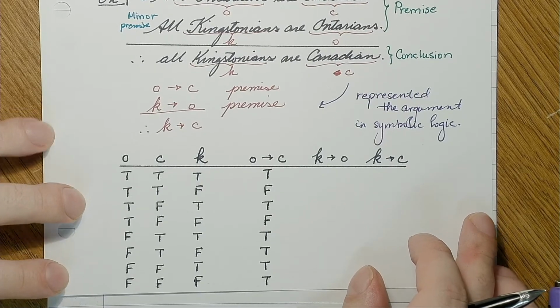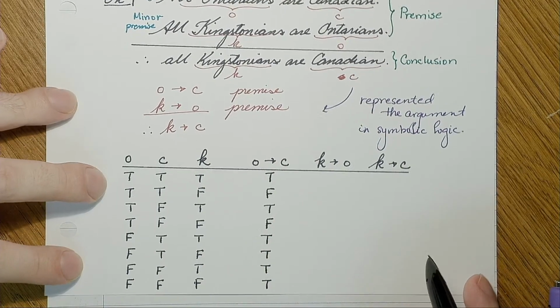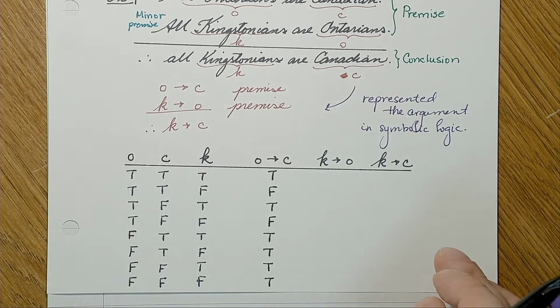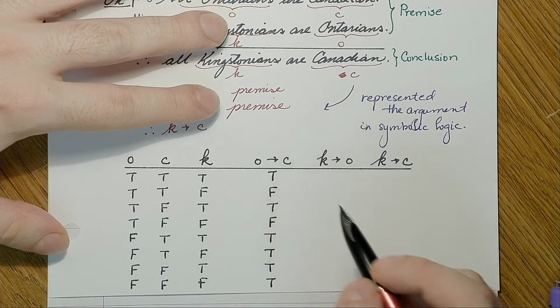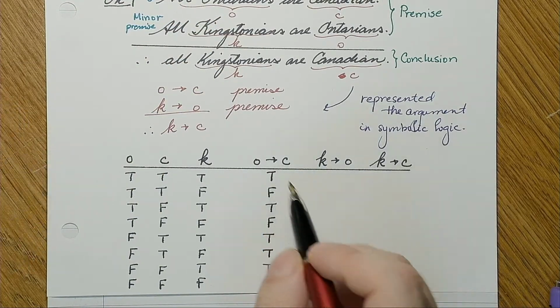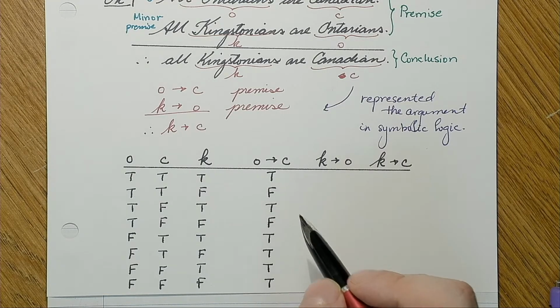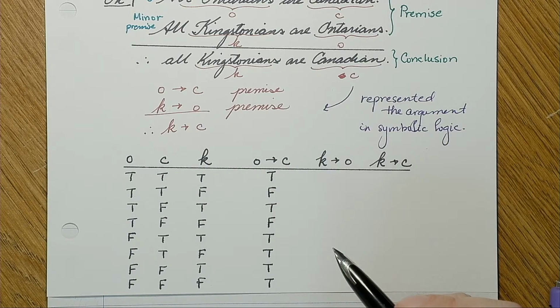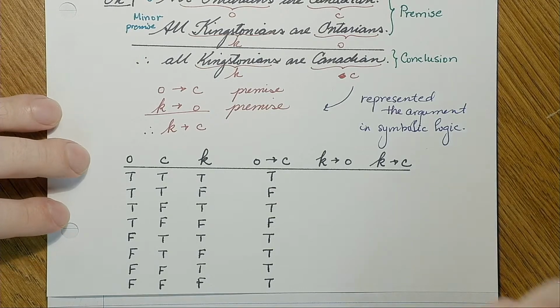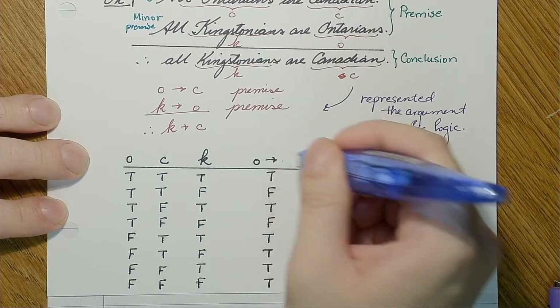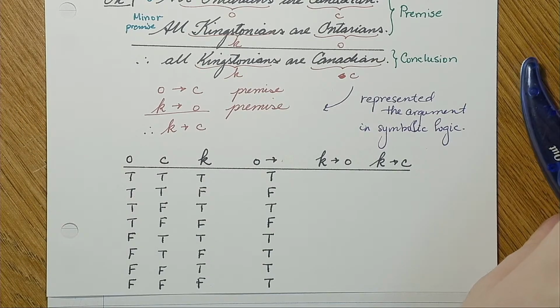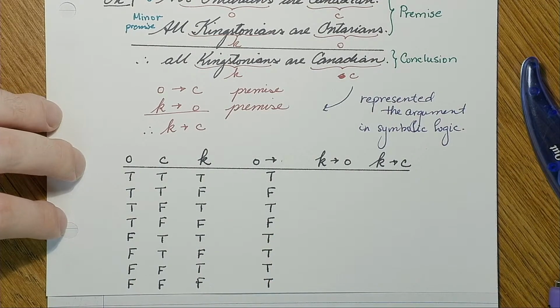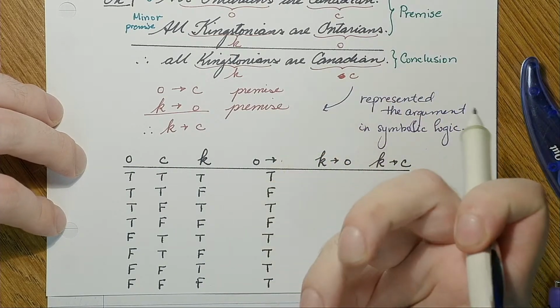And just make sure, is that what everyone got while they were filling it out? Does that column, O implies C, match what everyone got? Ah, thank you. Yes, and I was doing K. Perfect. Thank you. That was correct.